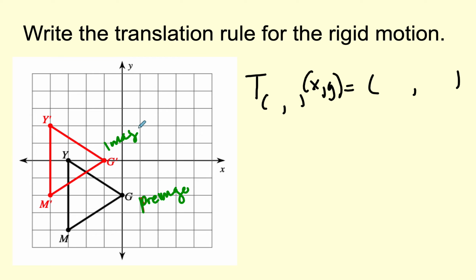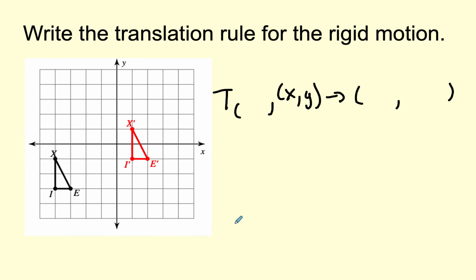So I'm just going to follow one point, and I'm going to notice that my x is going back -1. I'm going to the left, -1, and then I'm going up 2 units. So my rule will look like this: x - 1, y + 2. And that is my translation rule.